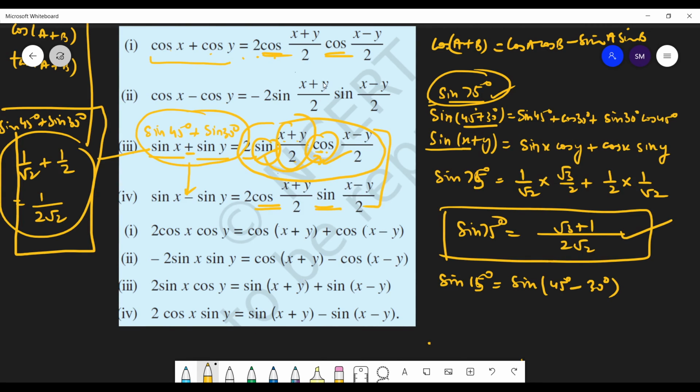So this thing is common, x plus y by 2, x minus y by 2. So not a problem, students. In all these four, x plus y by 2, x minus y by 2, 2 is there. So here it is sine x plus sine y, start with sine; minus, start with cos. Cos formulas, both cos. Negative here, both sine.